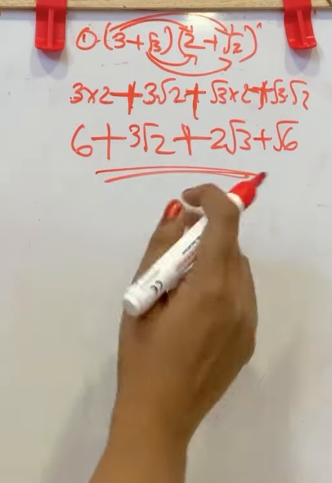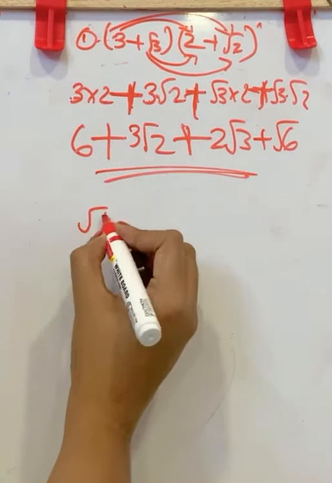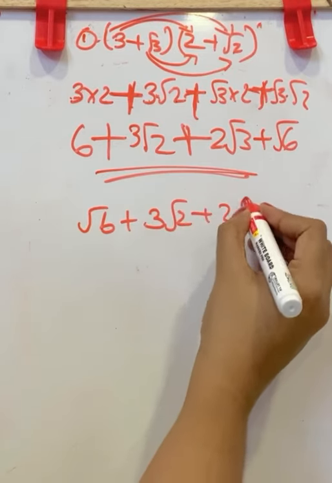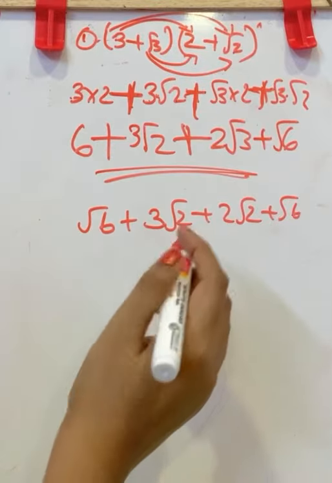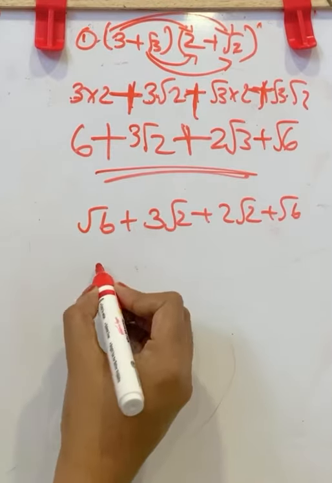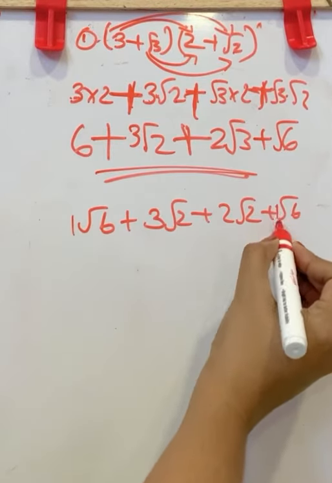Listen, if it was like this, that is root 6 plus 3 root 2 plus 2 root 2 plus root 6, we can again simplify it. Here root 6 plus root 6 is not root 36, but 1 root 6 and 1 root 6 here.